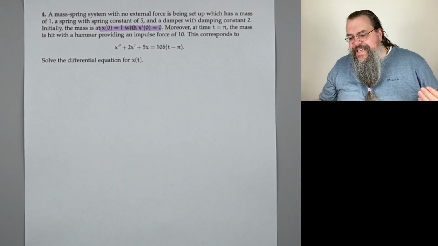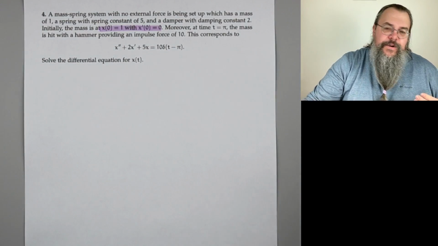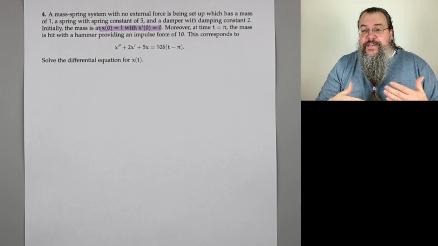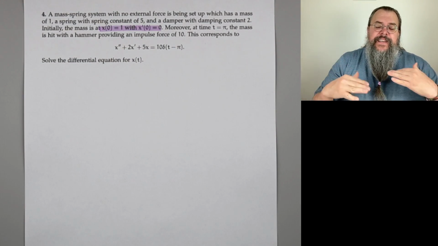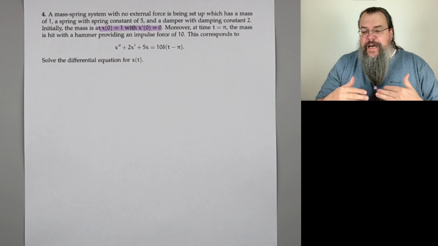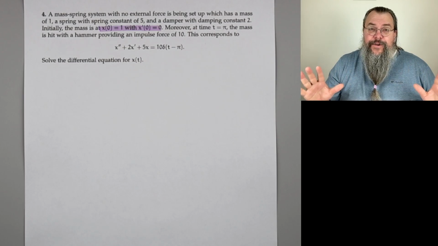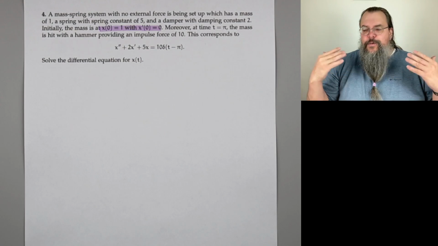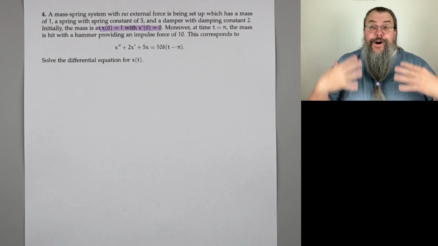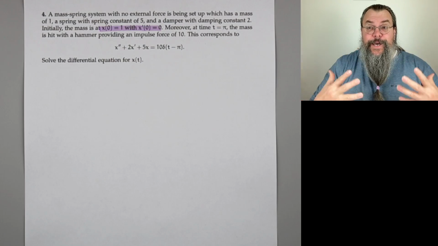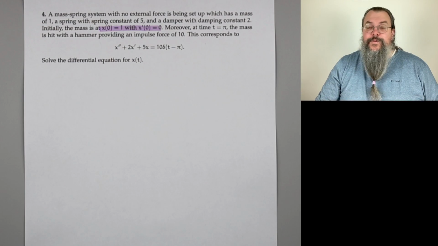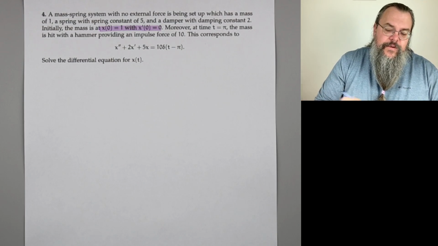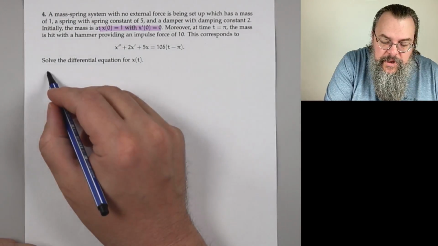Now, technically, we could solve this if we knew how to handle things with delta without Laplace transform. There are ways to do that, but we're not going to go that route. So we're in Laplace transform mindset. We're going Laplace transform all the way. So we begin. So solving a differential equation with the Laplace transform.